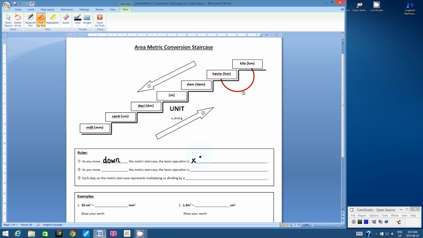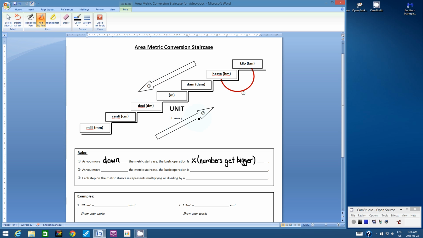And then we're just going to write a little note in here. Numbers get bigger. So remember that as we move down the metric staircase, the units get smaller, but the numbers get bigger. Okay, so that takes care of rule number 1.